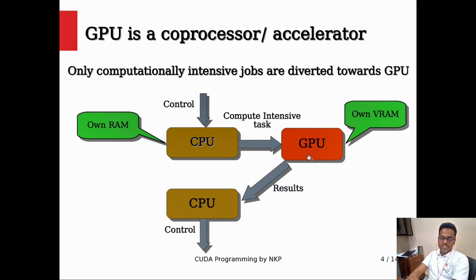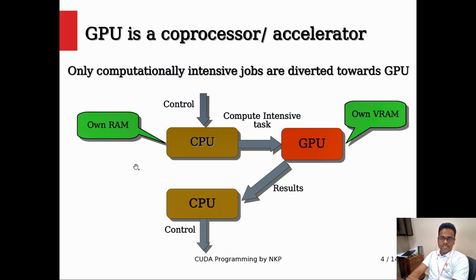While the GPU is executing, the CPU is sitting idle, not having any control. Once computations are over in parallel, the results are given back to the CPU side, and control is again with the CPU. So this is how the CPU and GPU typically work while executing a CUDA program.